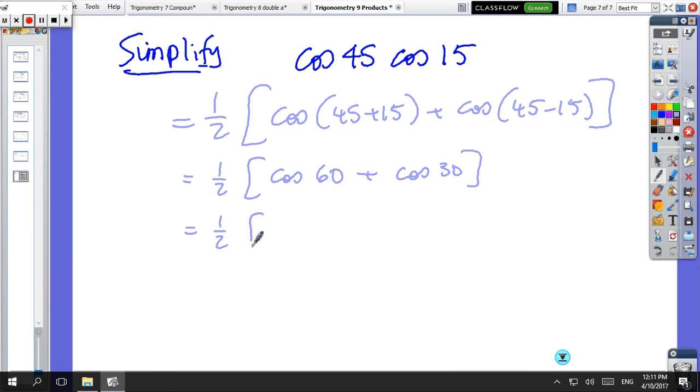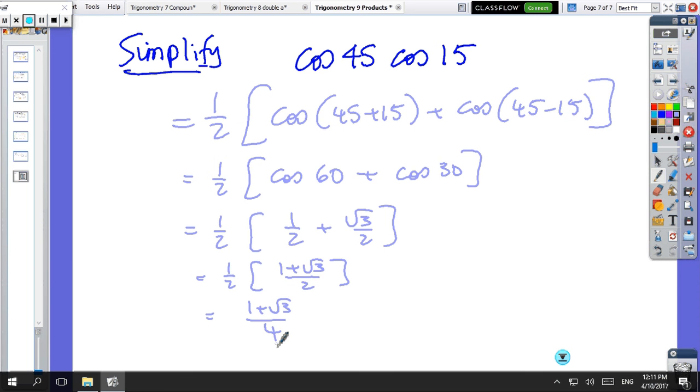So it's a half of cos of 60 is a half, cos of 30 is root 3 on 2. So half of 1 plus root 3 on 2 equals 1 plus root 3 over 4.